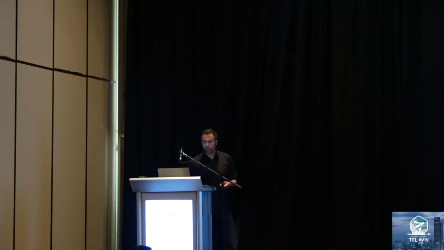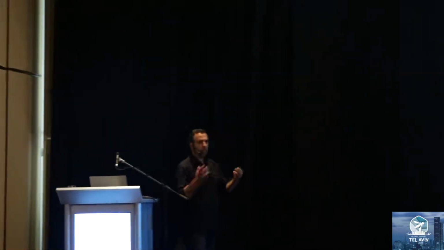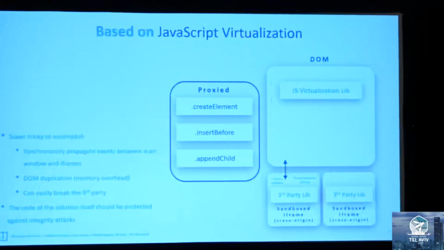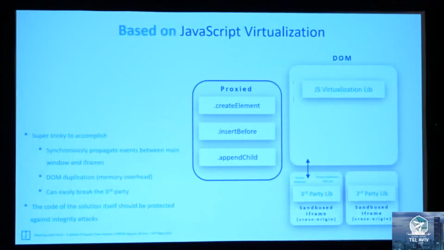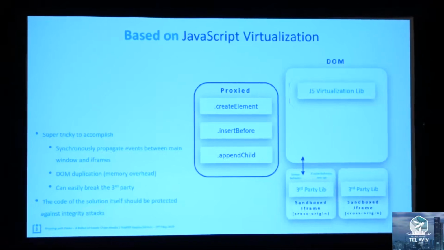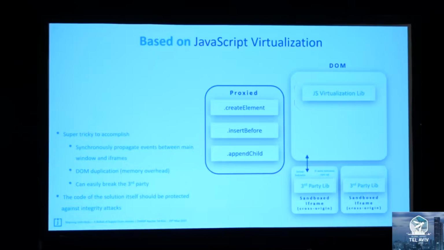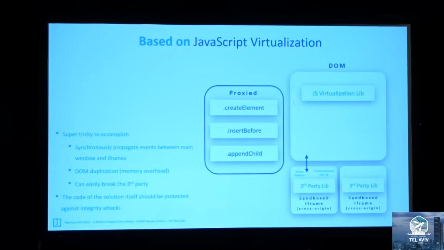So the main problem I see with this is that the whole thing is super tricky to accomplish. It can break the application, because all the events that are synchronous need to be synchronously propagated to the main window, and that is impossible to do. So that has the potential of breaking the application or creating race conditions, to the best of my knowledge, of course.